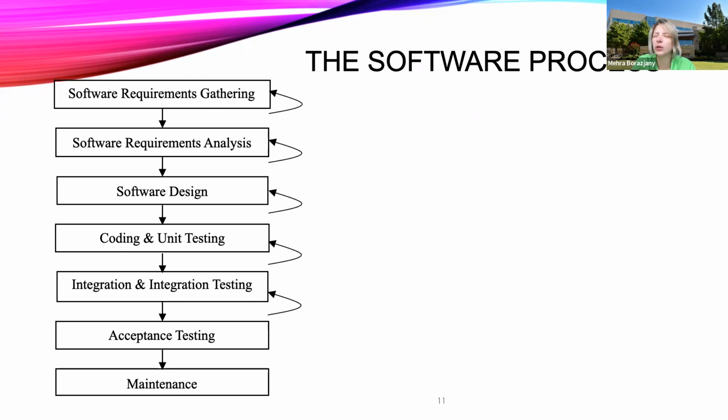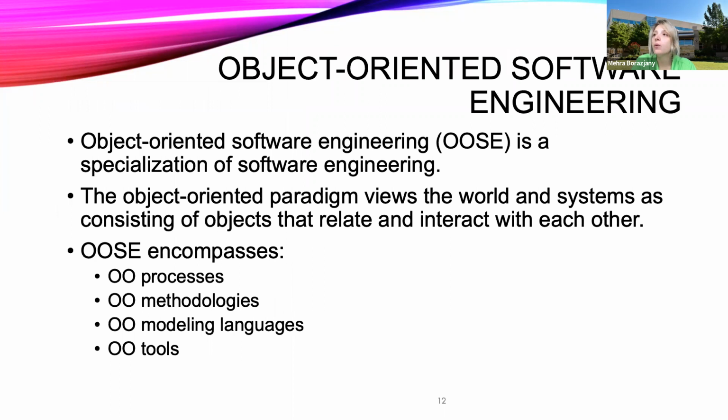We don't really know what we want to do. Our customers don't really know what they want. And so they need and require a lot of constant feedback from our customers. So we call these types of problems the problems that are going to be a very good fit for object-oriented.